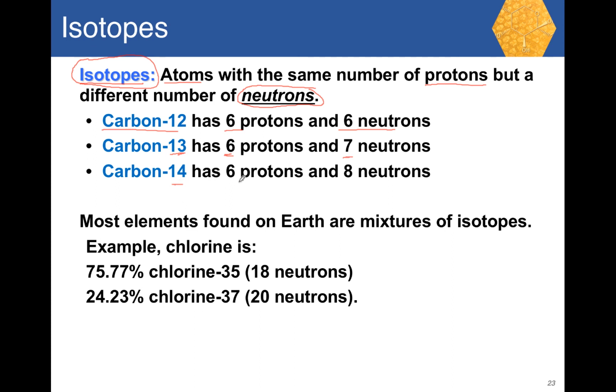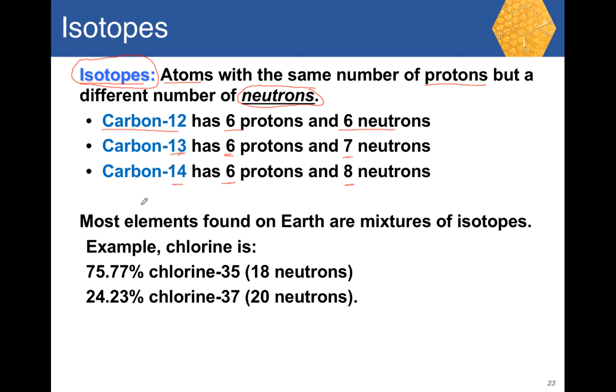Carbon 14 has the same 6 protons and 6 electrons, but now 8 neutrons. You will recall, or we will see later on, that carbon 14 is used in carbon dating. So that's one practical application of isotopes.